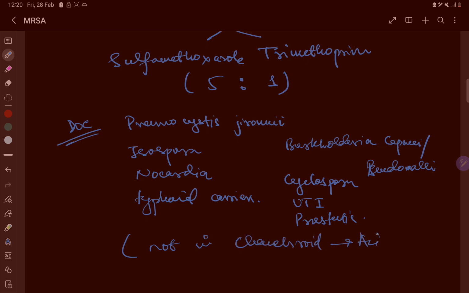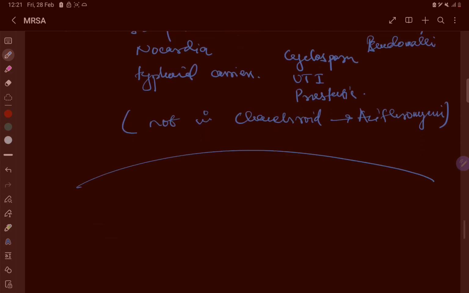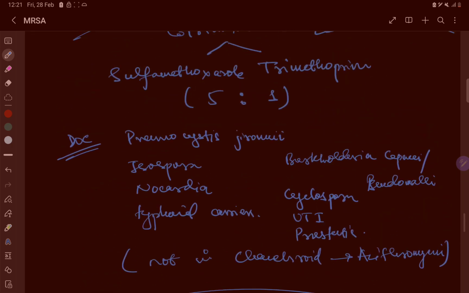Here azithromycin is given. So when you learn a lot later, then you will understand the importance of these slides. Okay, these are like a summary. Okay, so I think most of the drugs in the resistant cases are discussed here, and this is it for now.